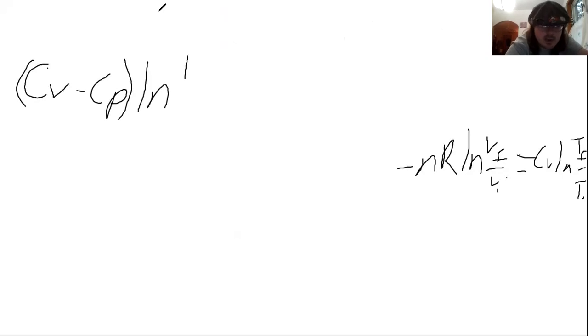And because of the negative sign, ln VF over VI equals C sub V ln TF over TI.